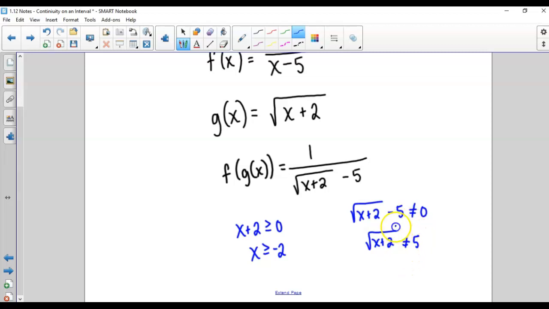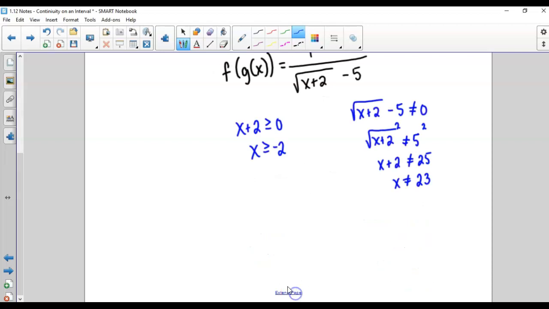We could square both sides. x plus 2 cannot equal 25. And we could subtract that 2. x cannot equal 23. So in this case, we've got two restrictions on our domain.